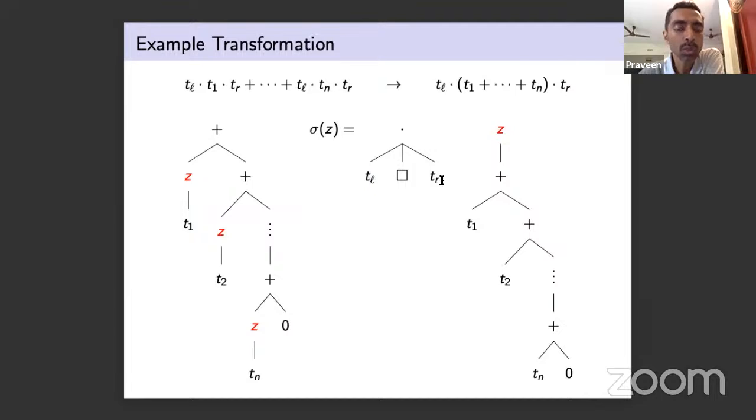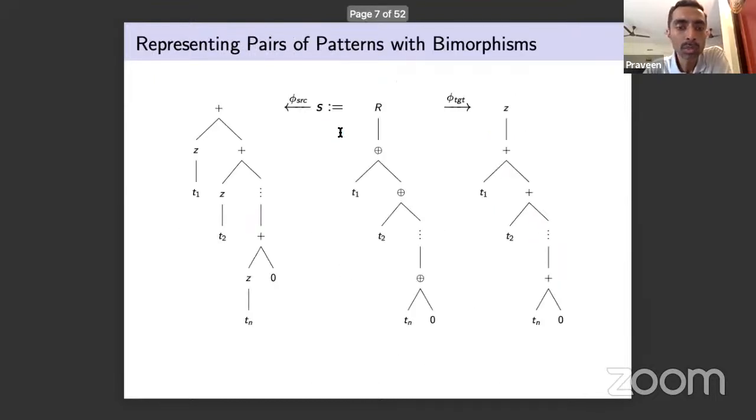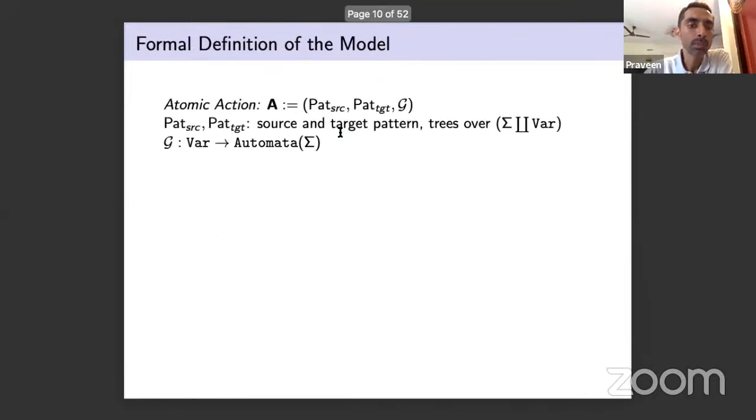We don't want to substitute with some arbitrary subtree, which has an operator which doesn't distribute over the other operators used. So we want to have some control over what kind of trees are being substituted for the variables, and that is the job of the guard function. So every variable is associated with an automaton over the finite alphabet sigma.